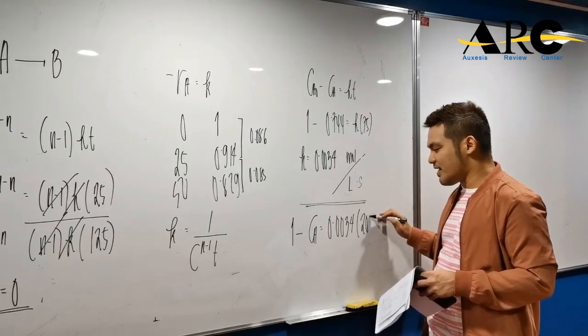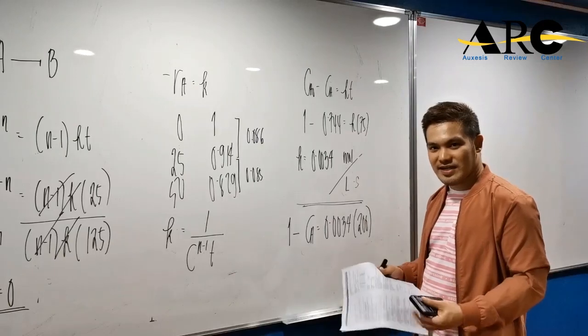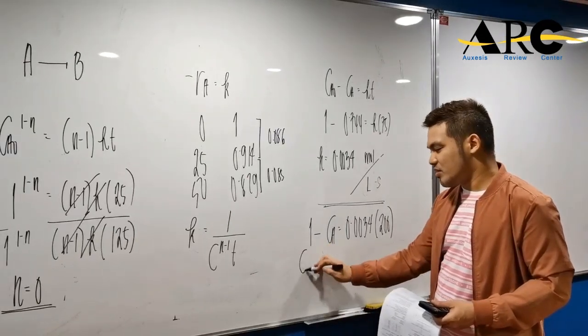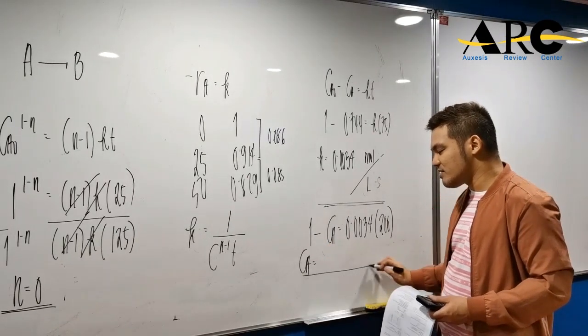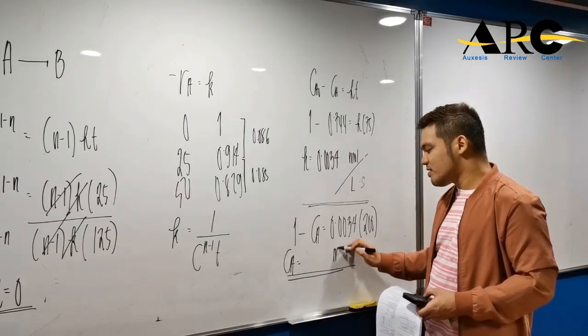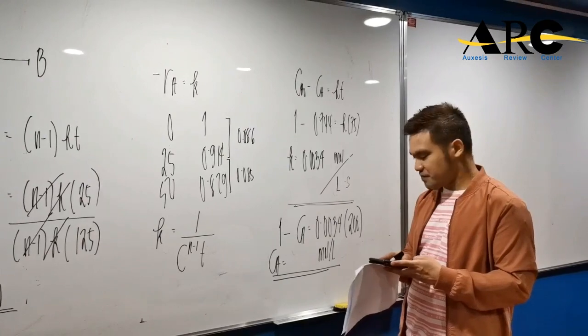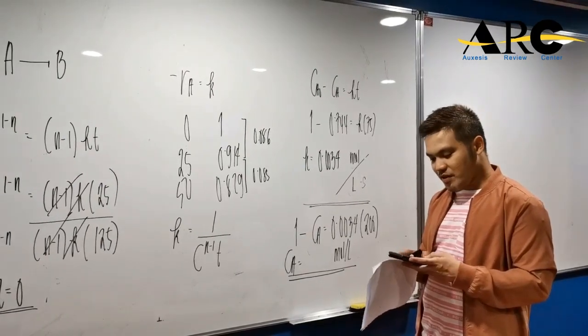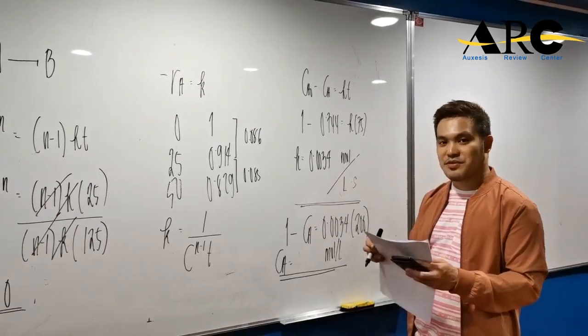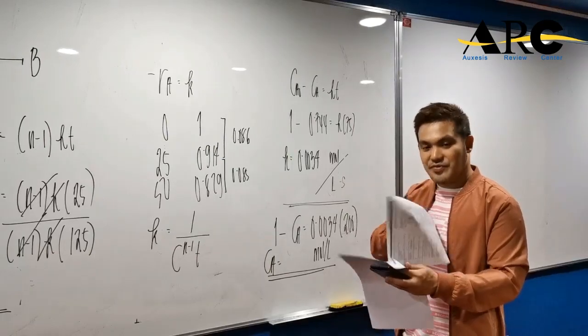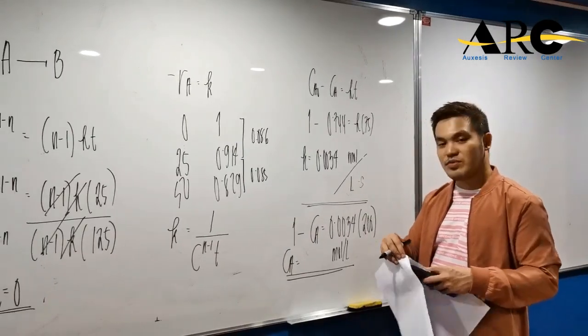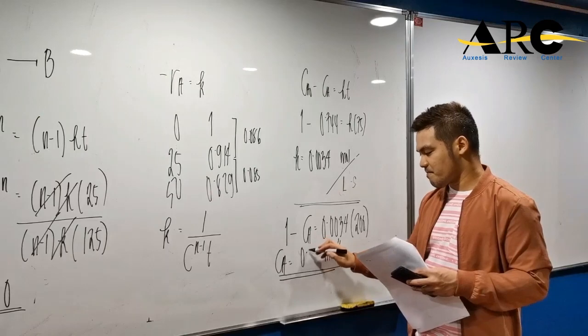Ang time na kailangan natin dito is 200 seconds. After 200 seconds, from 1, ilan kaya ang makukuha nating concentration? Ang makukuha nating answer dito ay letter D, which is 0.32 molar.